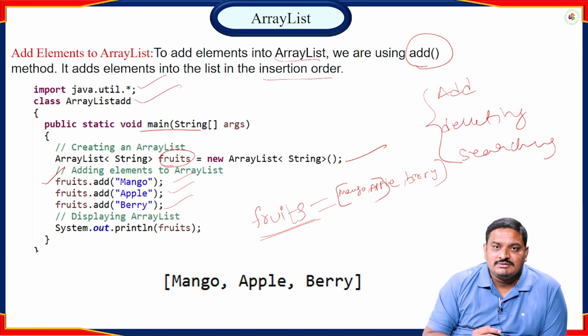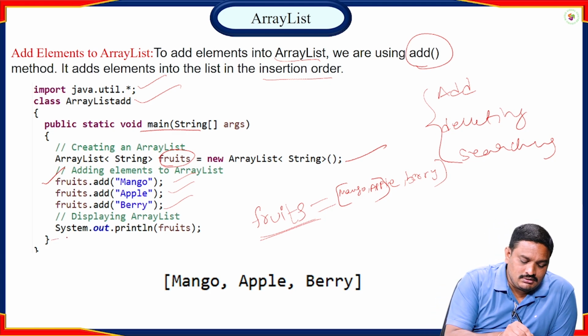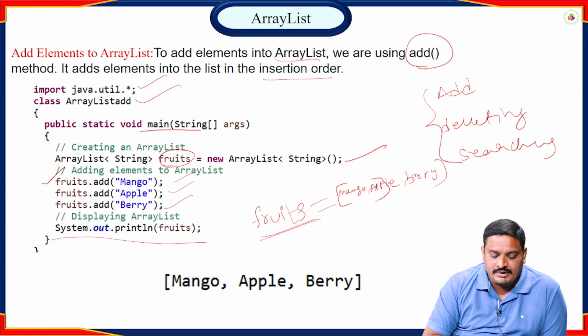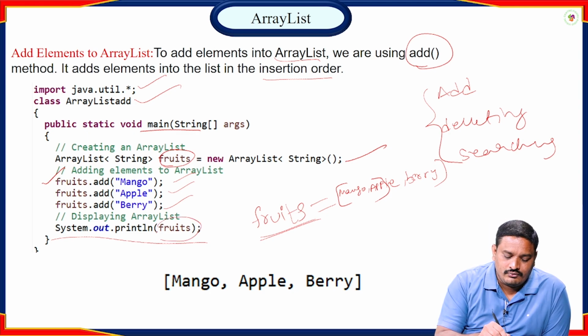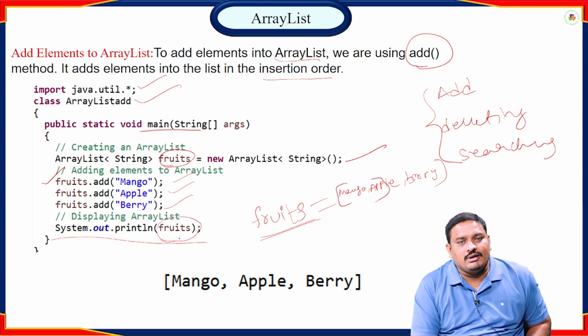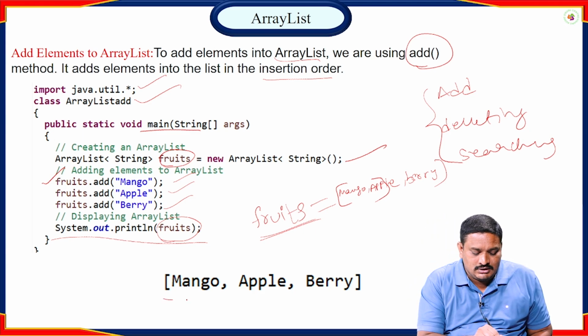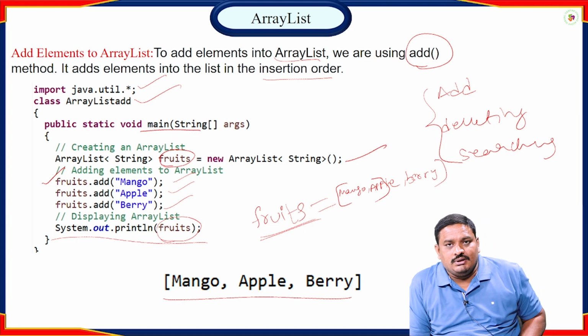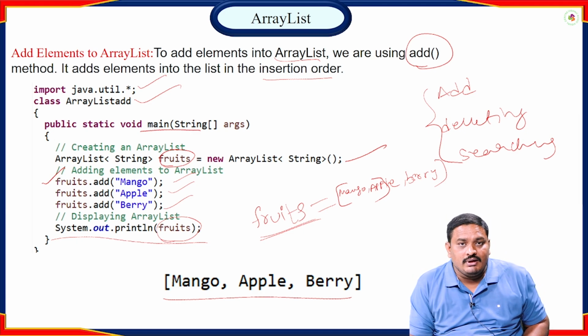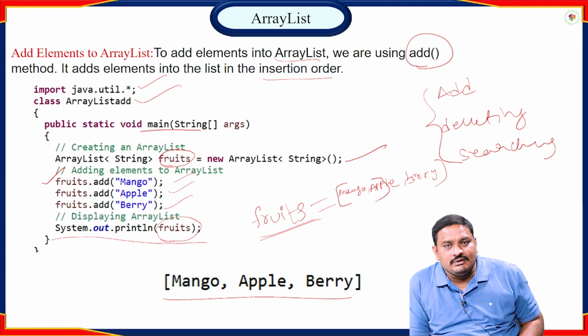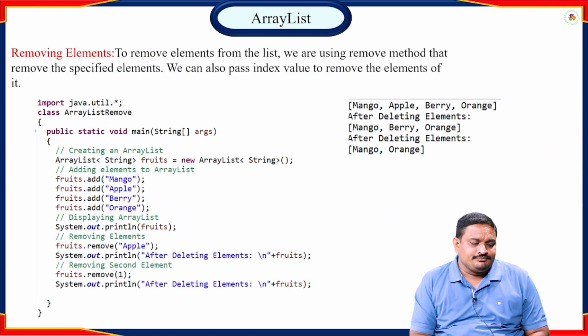Now to display these elements, we use System.out.println of the fruits name. The string name is kept inside System.out.println. After that, these values will be displayed. That is adding the elements to the ArrayList.